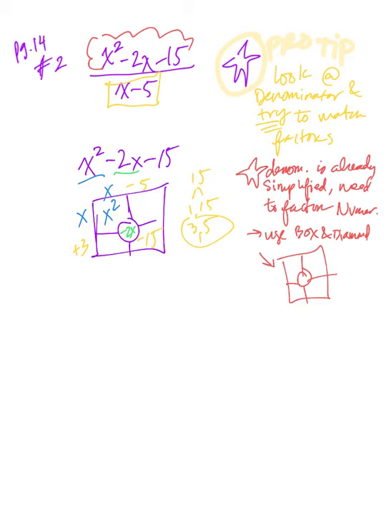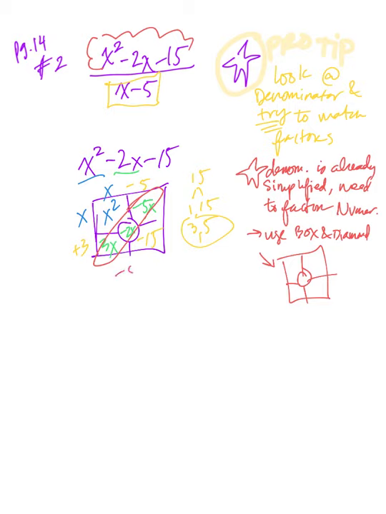Okay dokey. 3x, because x times 3, area model, and x times negative 5x. These are what combine here.